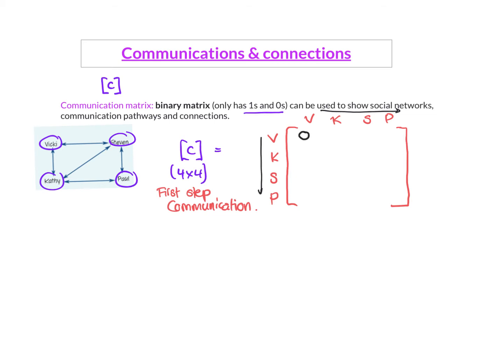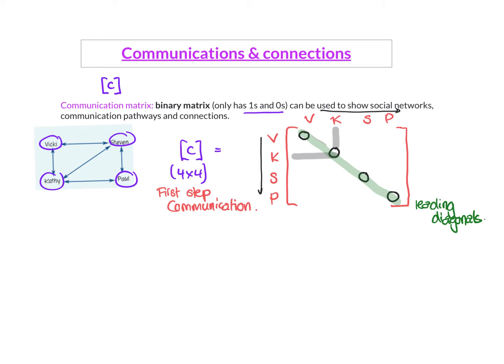And if you looked at it, these spots down here, this would be K to K, so there would also be 0. So what you find is there's zeros along what, if you remember back, we called the leading diagonal. Yeah? So that was called the leading diagonal. Because you don't communicate with yourself, there's zeros along there.